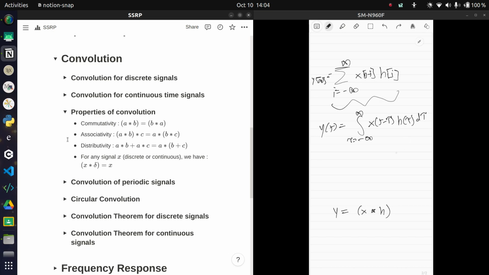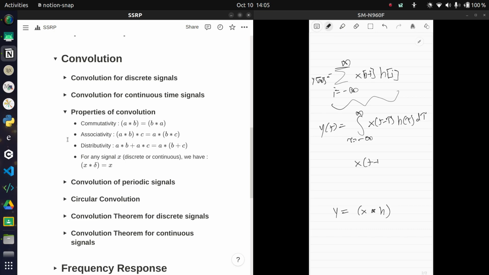Since it's commutative, you could start with x of tau and delta of t minus tau, integrated with d tau. Never mind. You can just start with x of t minus tau, because that's easier to deal with than a delta function being flipped around.